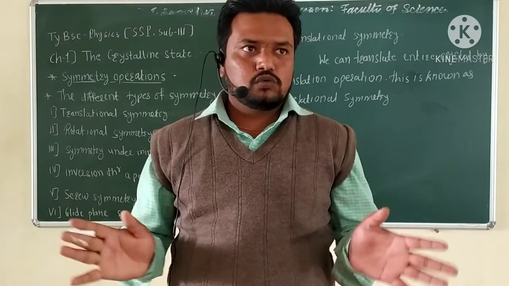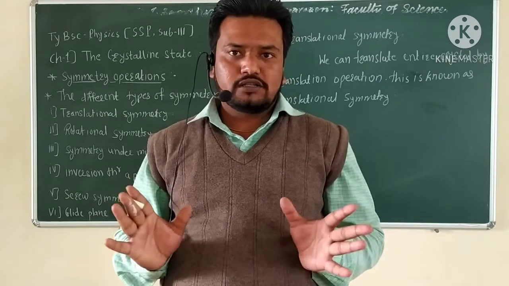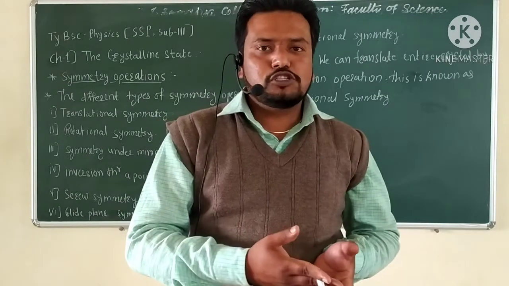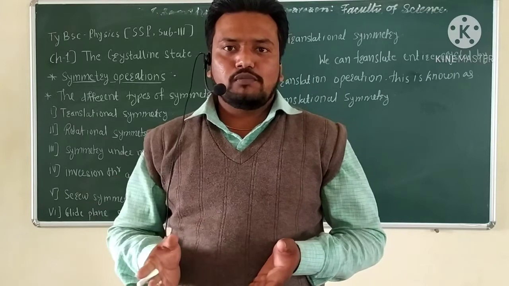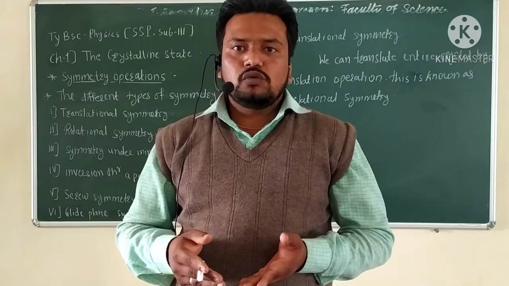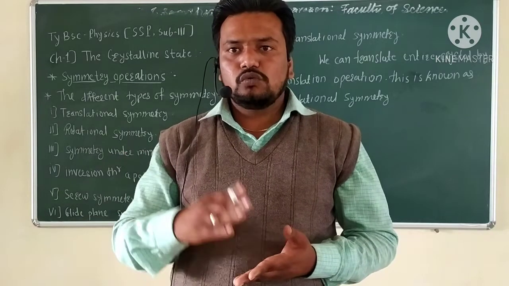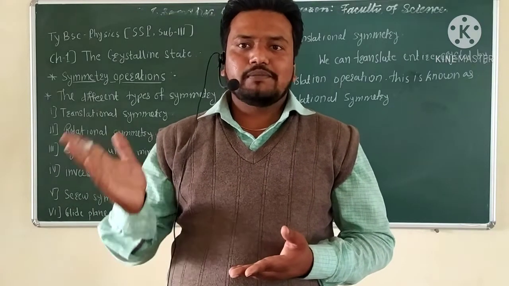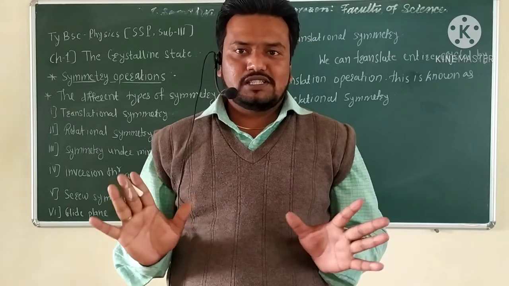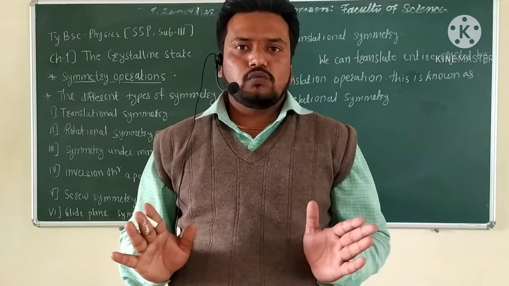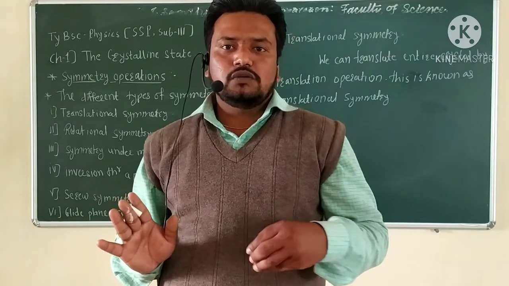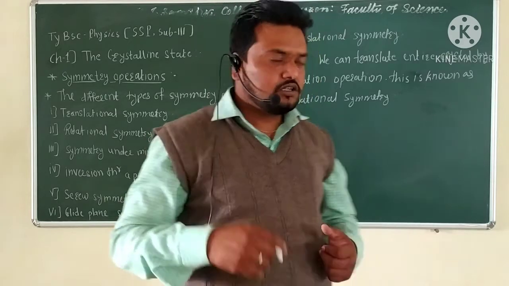The translational operator for a three-dimensional space system is T equals N1 A bar plus N2 B bar plus N3 C bar, where A bar, B bar, C bar are the translational vectors, and N1, N2 and N3 are integer numbers.